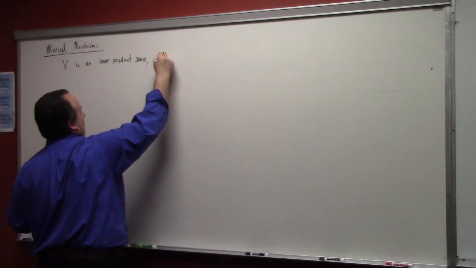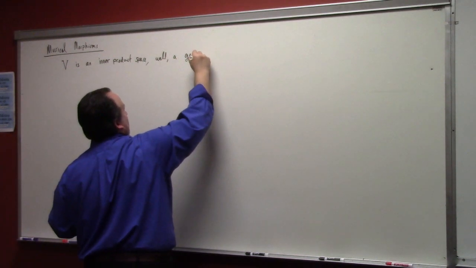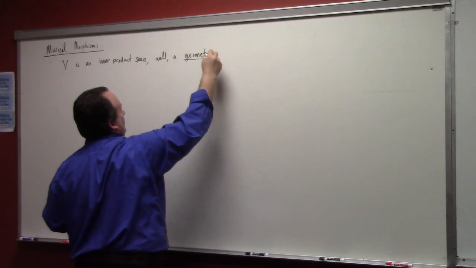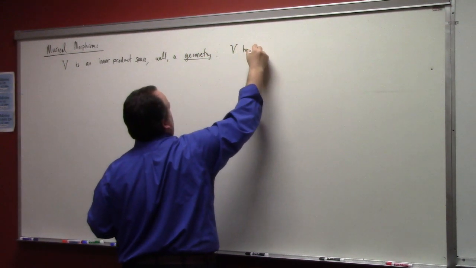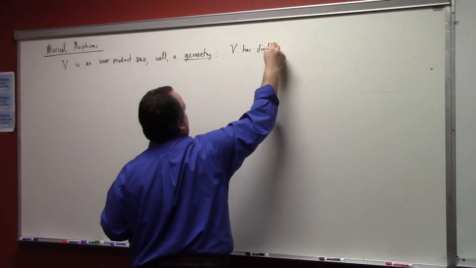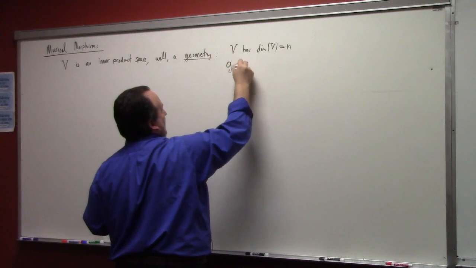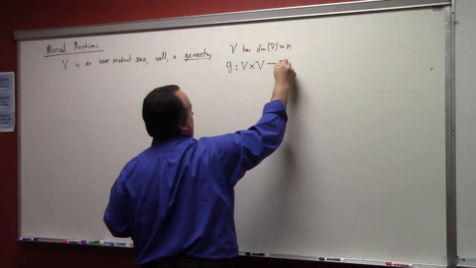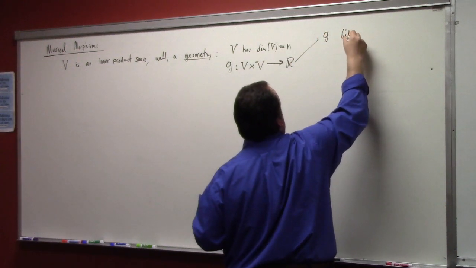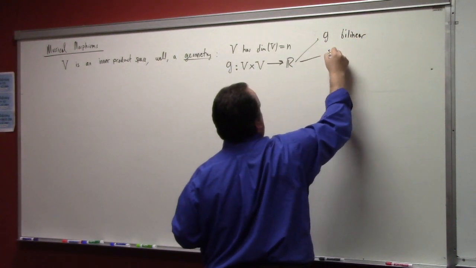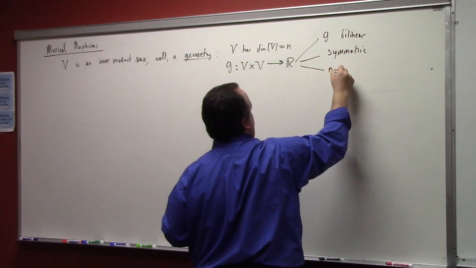Well, a geometry, meaning V is a vector space of n dimensions over the reals, and G is a mapping from V cross V to the reals such that G is bilinear, symmetric, non-degenerate.